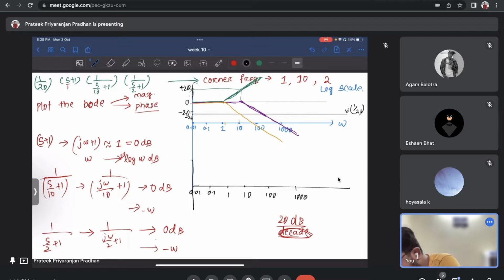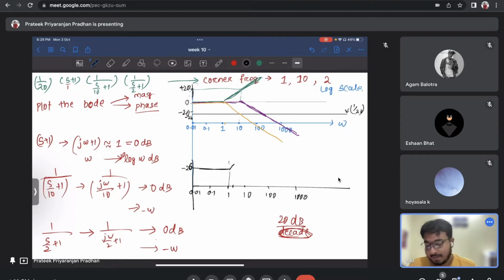Then till 1, it was minus 26 dB. After that, from 1 to 2, the orange was 0, but the green was increasing. So I can plot like this.